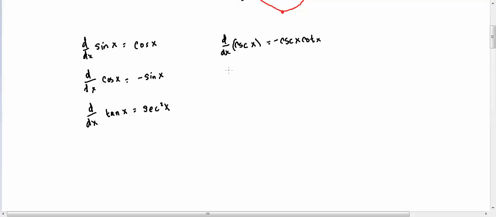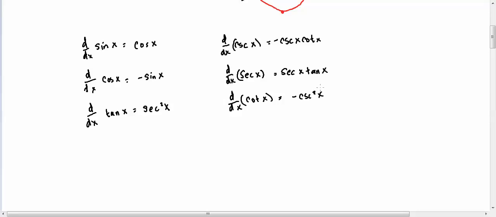The derivative of secant of x is equal to secant of x tangent of x. And the derivative of cotangent of x is equal to negative cosecant squared of x.